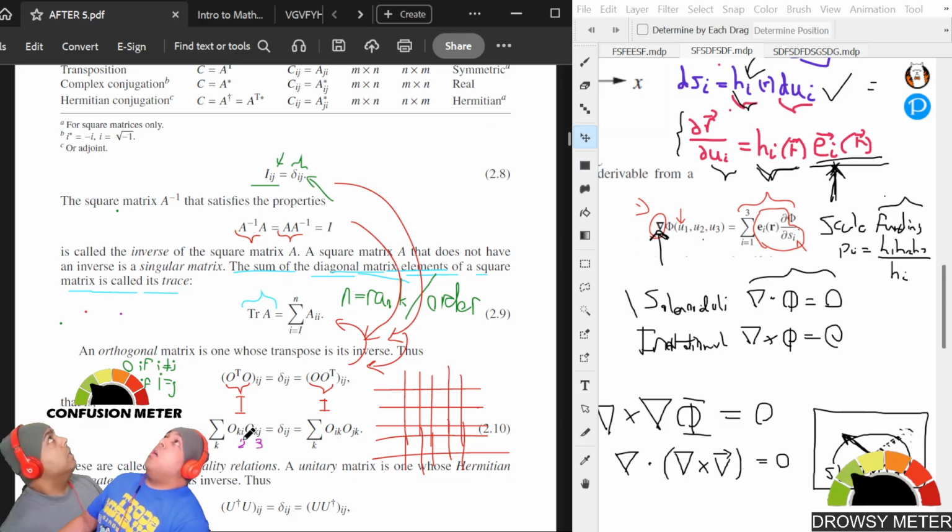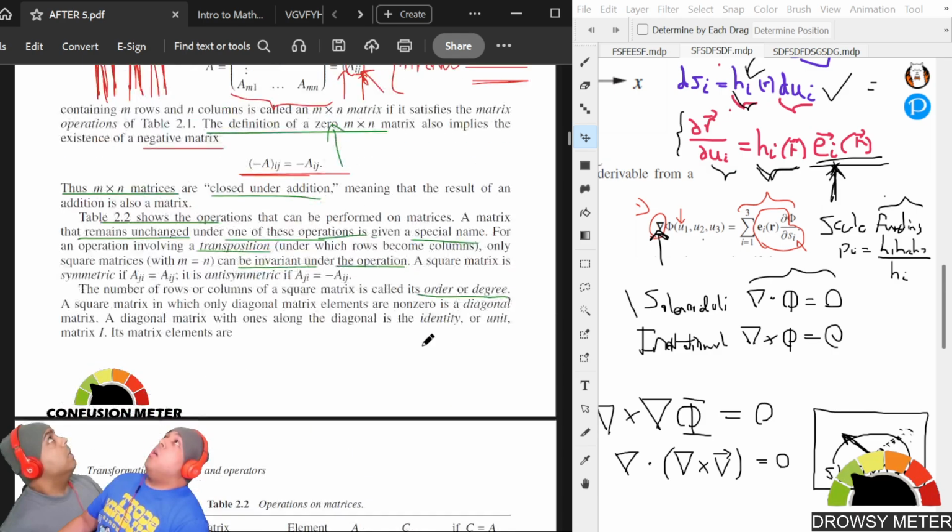O 2 3. So 1 2, 1 3. O_ki O_kj. Row 1, column 2, column 3. This is weird.